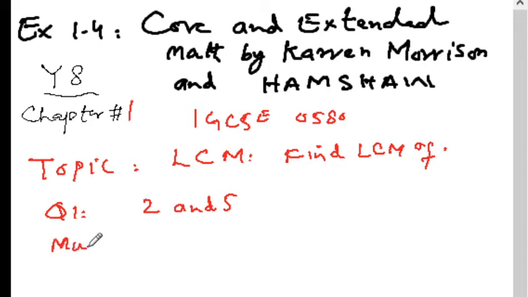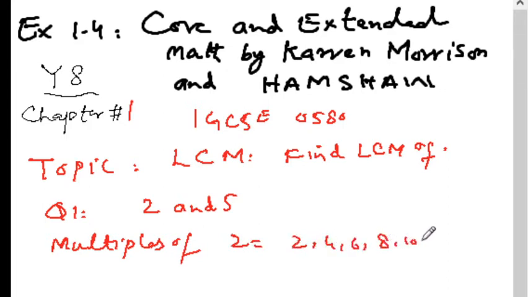Multiples of 2 are 2, 4, 6, 8, 10, 12, 14, 16, and so on.